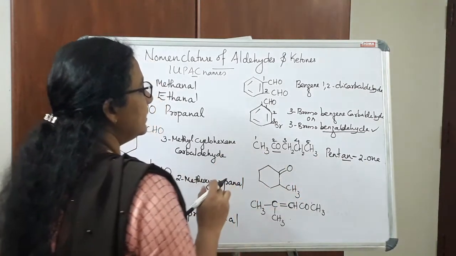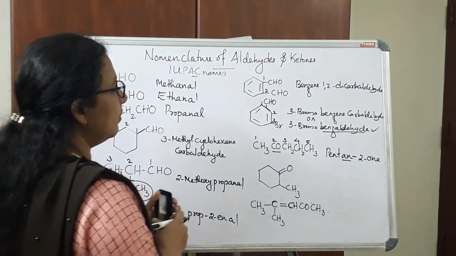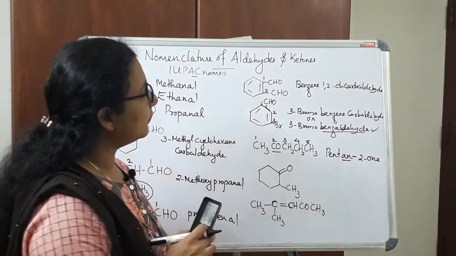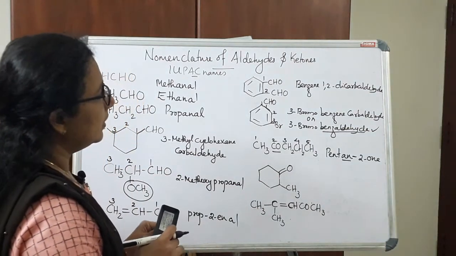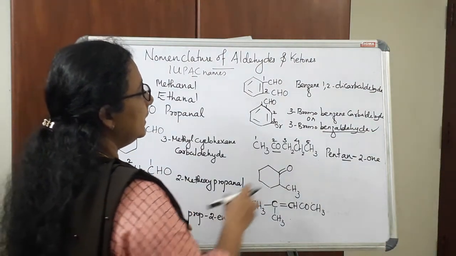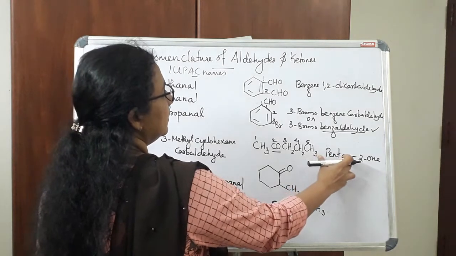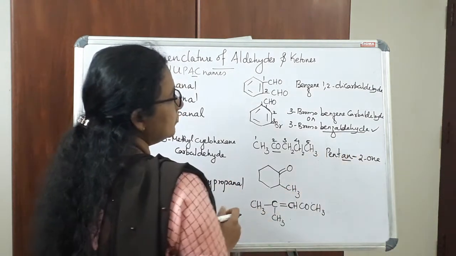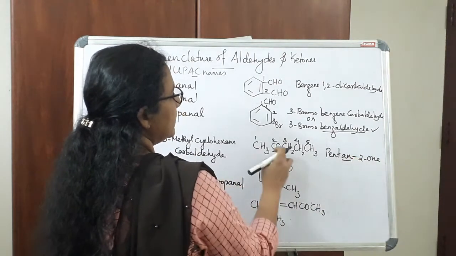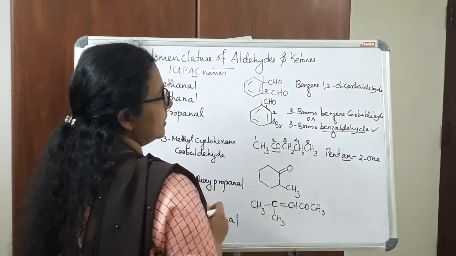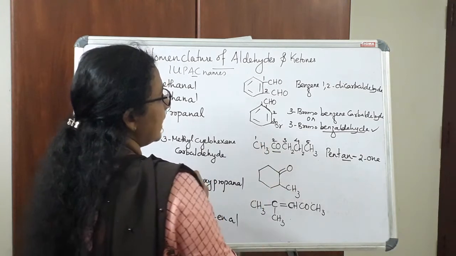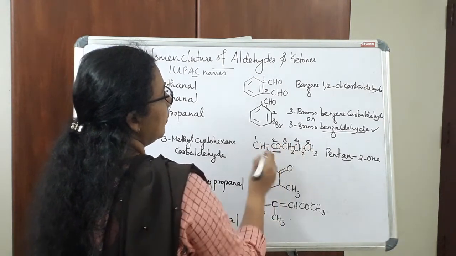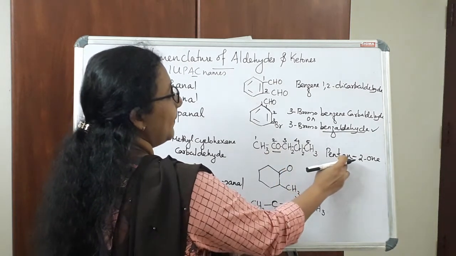For writing the IUPAC name of ketones, we need to find out the parent chain, and the E of the parent chain should be removed and replaced by ONE, that is 2-one here, as the CO group is in the second position. It's a saturated compound, there are only single bonds in between, so we will write pentan itself.